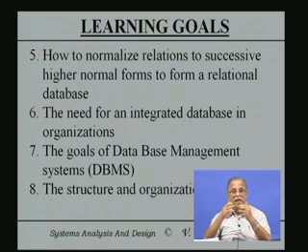So how to normalize relations into successive higher normal forms? There are a number of normal forms called first normal form, second normal form, third normal form, fourth normal form, fifth normal form, and so on.